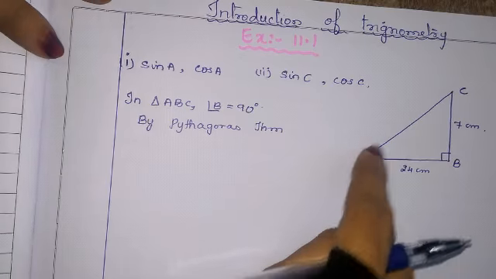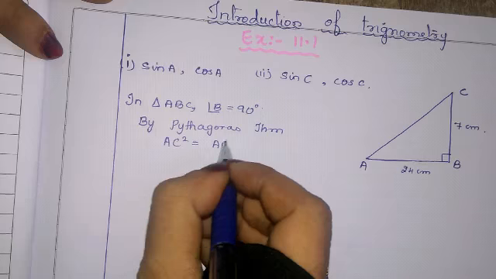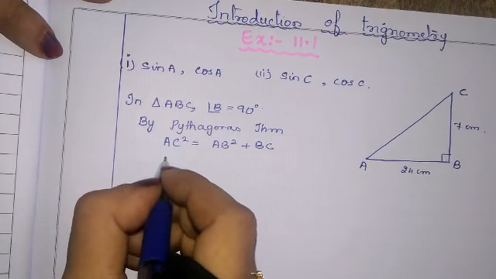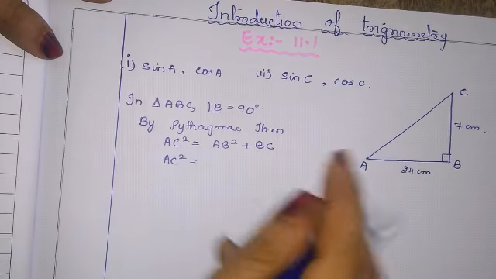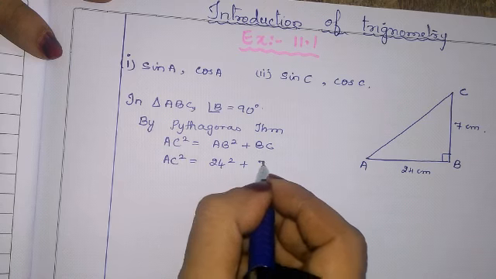By Pythagoras theorem, AC square equals AB square plus BC square. AC square we don't know, let us keep it as it is. AB square is 24 square plus BC square is 7 square.